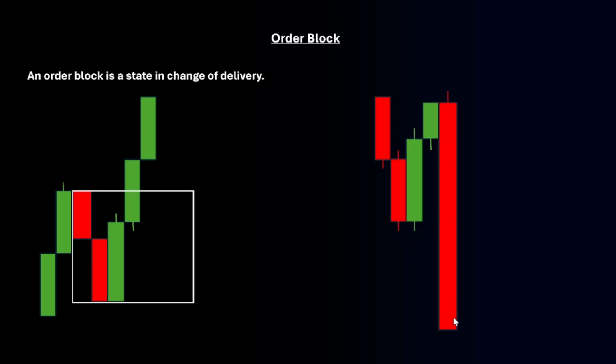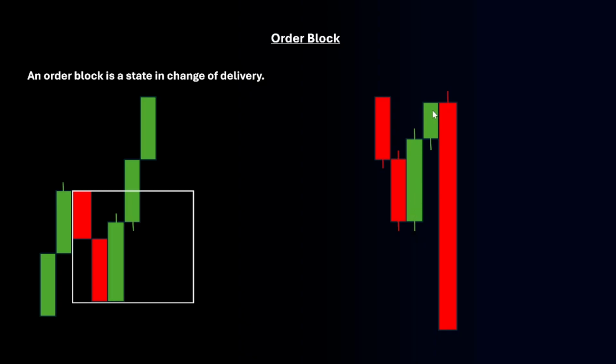Seeing this impulsive candle running the 2 up close candles is telling you that there's a change in state of delivery. You can still call the 2 up close candles an order block because it's a change in state of delivery.